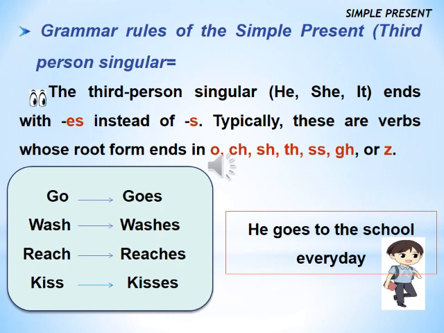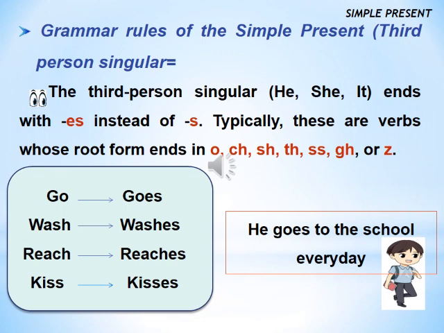What are some grammar rules of the simple present? When you use the third person singular, like he, she, and it, you must add to the verbs the letter S or ES or IES.